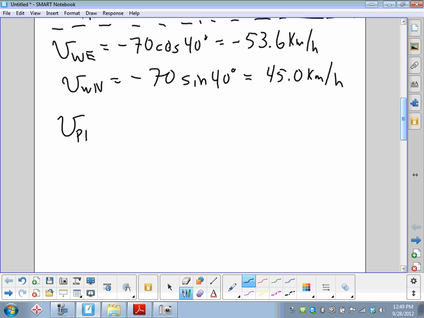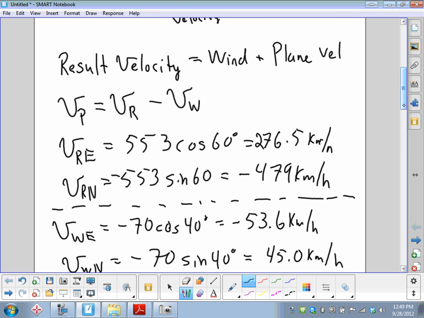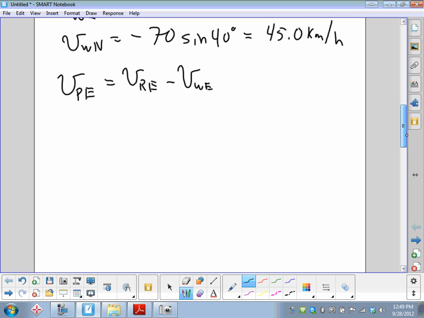Okay, so now we're ready to do our calculations to figure out what the plane velocity is in the east. That's going to be the velocity of the resultant in the east, subtract the velocity of the wind in the east. Just going back to our formula that we did up here. But we have to work with only the east components right now.